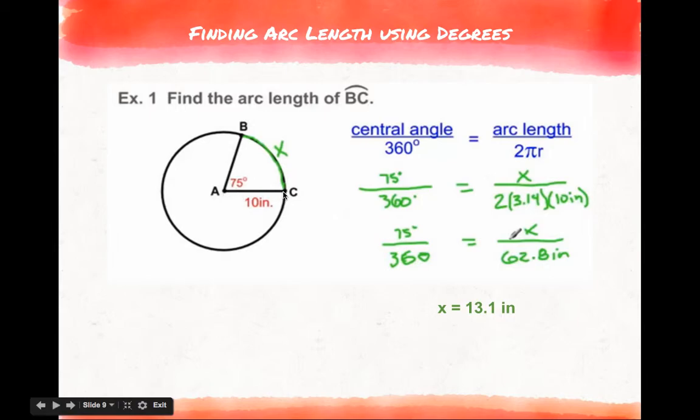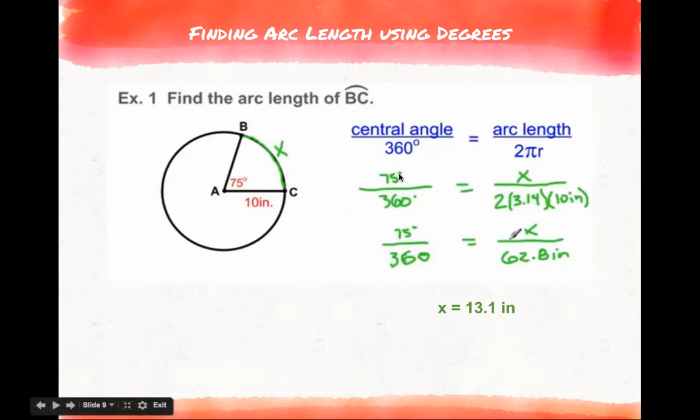The way you would solve this is to set up a proportion: my central angle is to the entire number of degrees in the circle, which is 360, so it's part to whole, as my arc length is to the entire circumference of the circle. The circumference is found by 2 pi r.